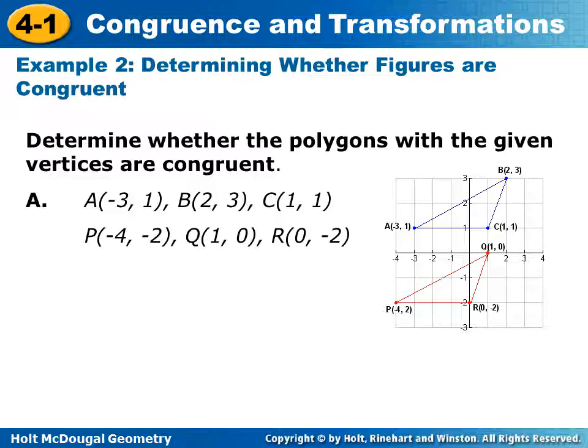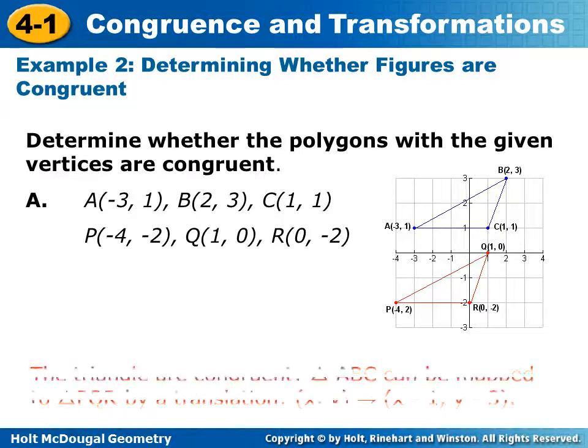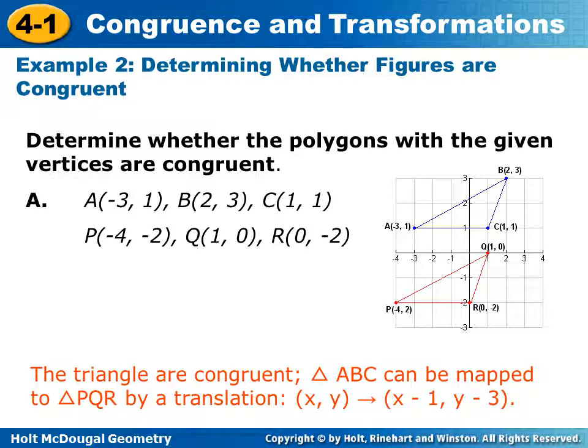So let's determine whether the polygons with the given vertices are congruent. If we look from our preimage, which is in blue, to our image, which is in red, we can see that for all of them, we have subtracted 1 from x and subtracted 3 from y. Since this is a translation, they are congruent.